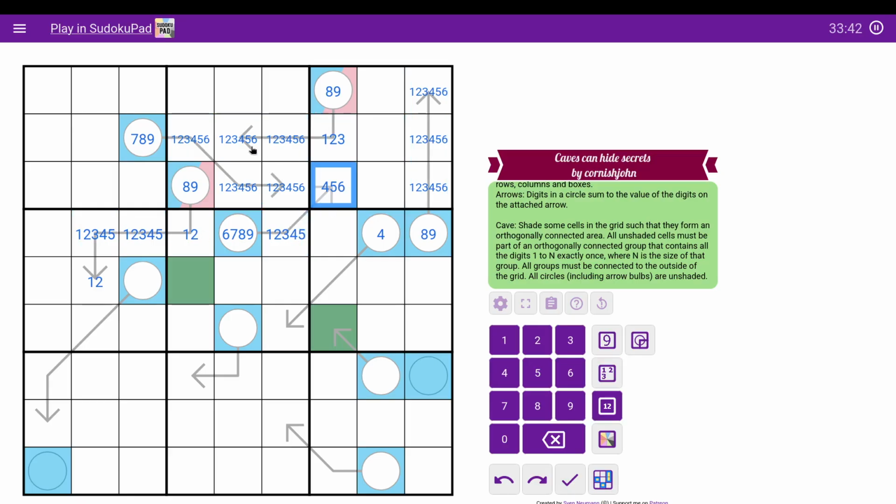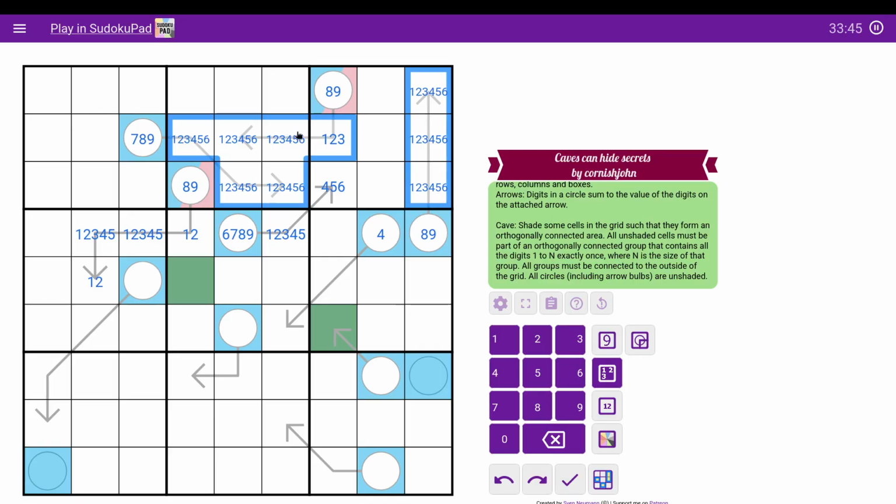Sure, but these digits add up to at least 30, 40, and then 41. This is 24. That makes this 17 at least. I really need it to be 18. I need something to give. This being a 4 would solve so much. There's just no reason for it to be a 4.